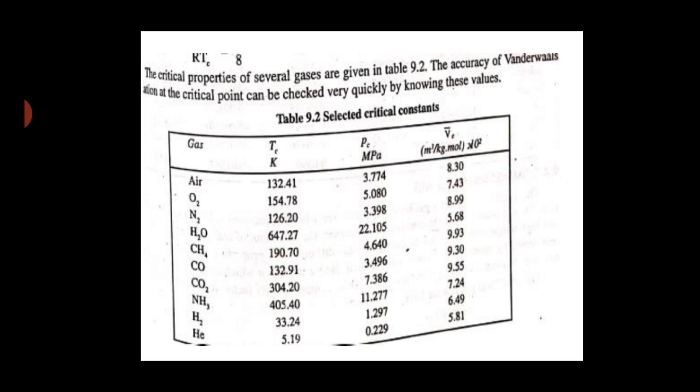Nitrogen critical temperature is 126.2 in Kelvin, the critical pressure is 3.398 megapascal, and the critical volume is 8.99. So from the table of critical constants, for nitrogen, critical temperature in Kelvin is 126.20, critical pressure is 3.398, and the critical volume is 8.99.